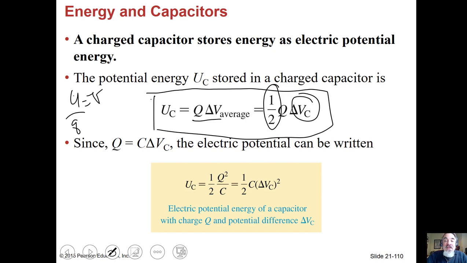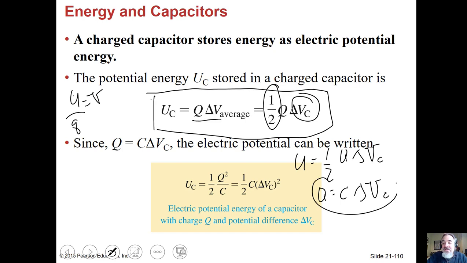And then there's a lot of other ways of writing this. I mean, probably you start with this: U is equal to 1/2 Q delta V across the capacitor. But then don't forget Q is equal to C times delta V across the capacitor. So you could take this for Q and plug it in here, eliminate Q that way. If we do that, you get this formula.